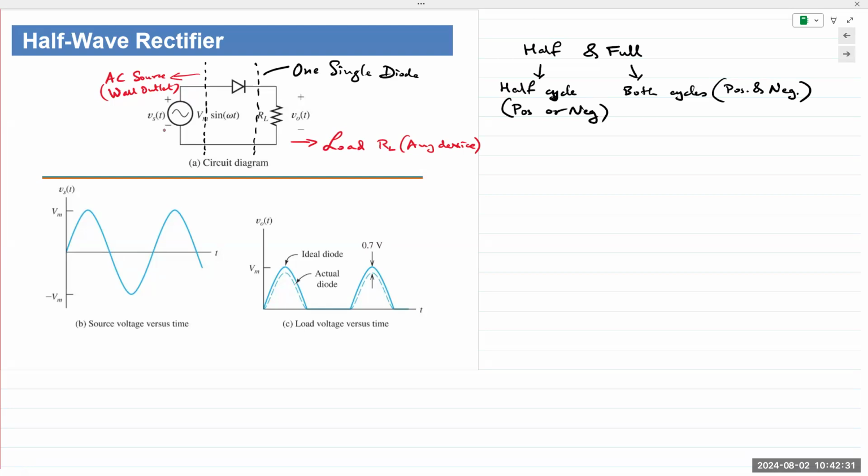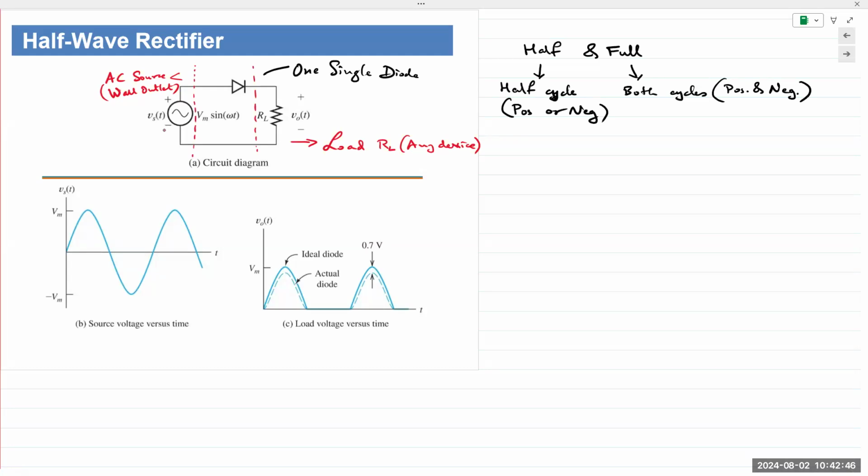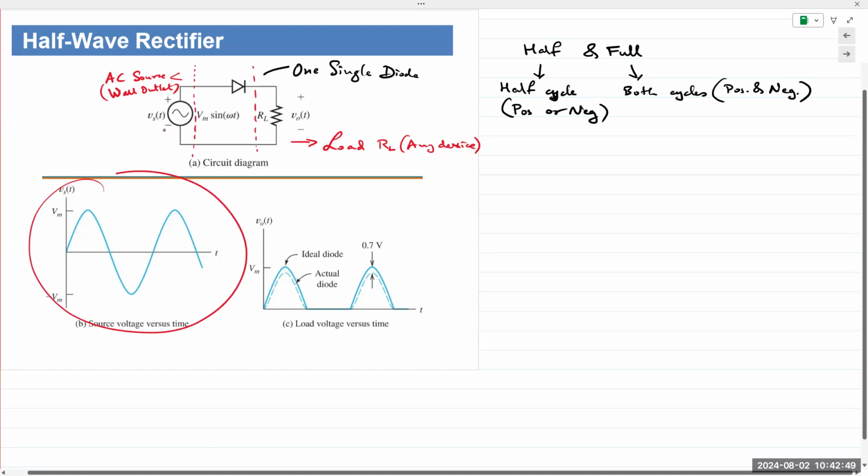In the circuit here, let me clear this out. You see there's a diode that is connected to the positive end of a supply. The AC signal is shown right here. There is a positive half cycle, and this is the negative half cycle. So what happens?